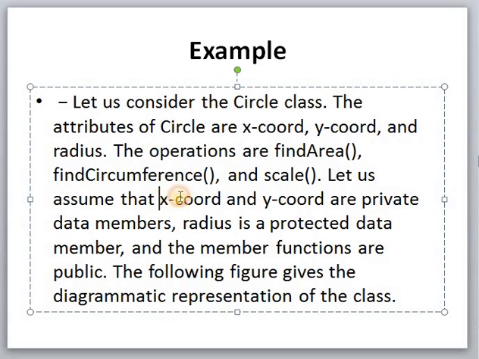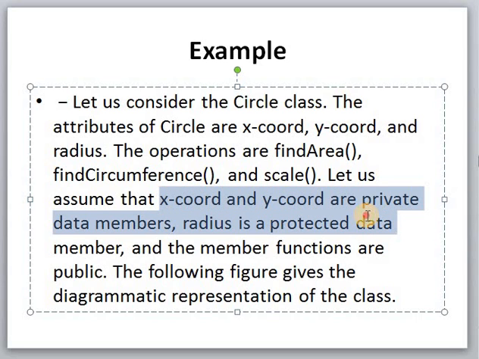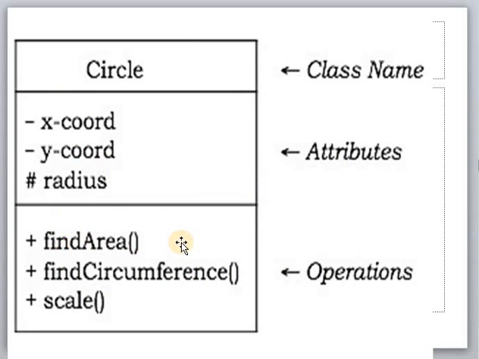The X coordinates and Y coordinates are the private data members, and radius is a protected data member of the class circle, and all the member functions are public. So we can see all the member functions or operations are basically public data members of this class.